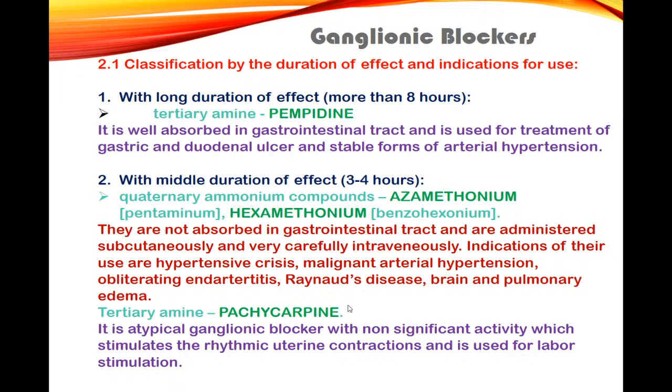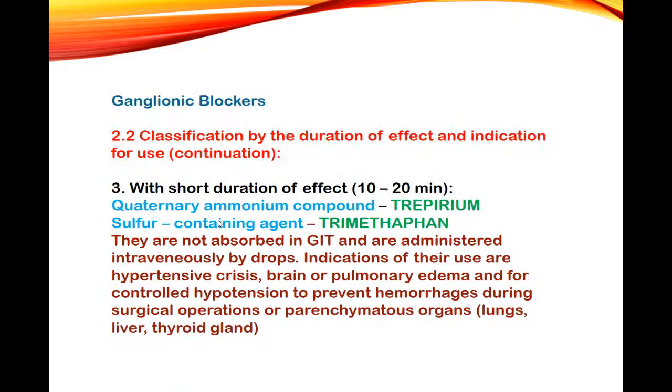And the third group by duration of effect: agents with short action duration, acting 10 to 20 minutes. They include the quaternary ammonium compound trepirium and the sulfur-containing trimethaphan. They are not absorbed in the GIT, that's why they are introduced intravenously. But because of short action, they are used by drops.